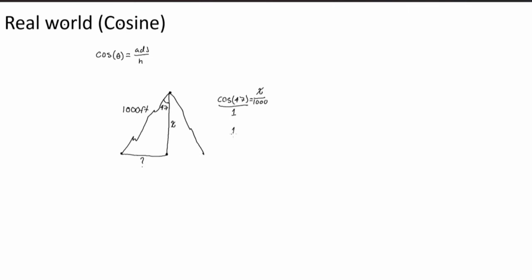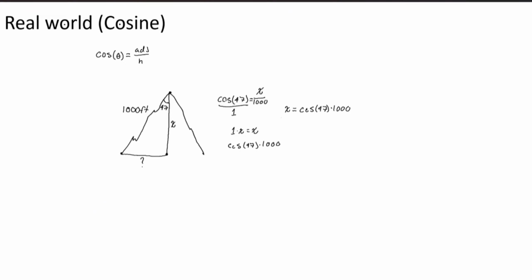So 1 times x is equal to x, and cosine of 47 times 1,000 is cosine of 47 times 1,000. So we now know that x is equal to cosine of 47 times 1,000.